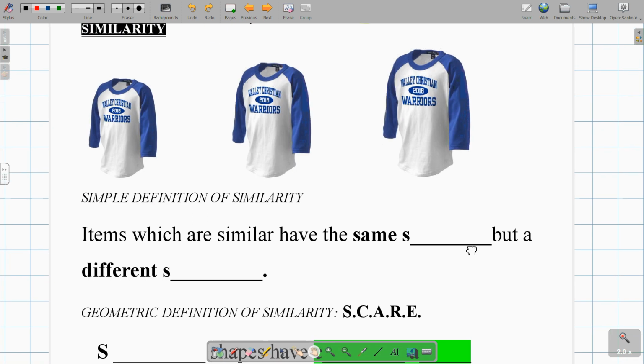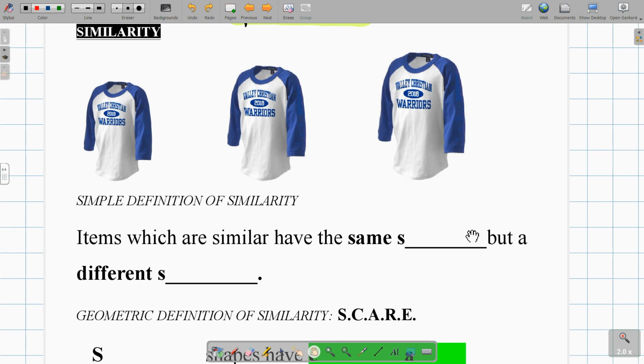So the basic definition of similarity, the simple definition of similarity, is items which are similar have the same shape, but a different size.